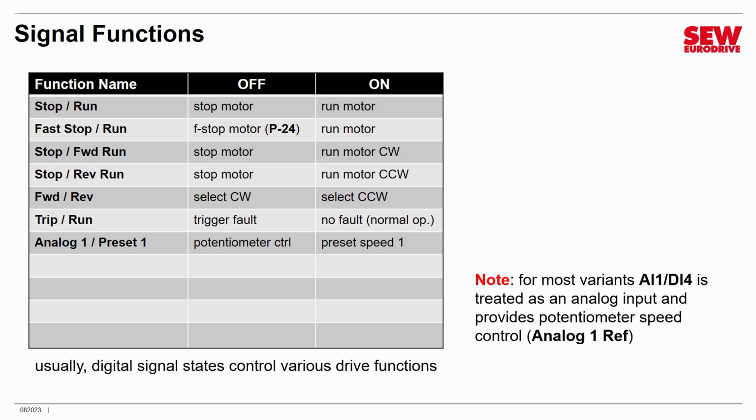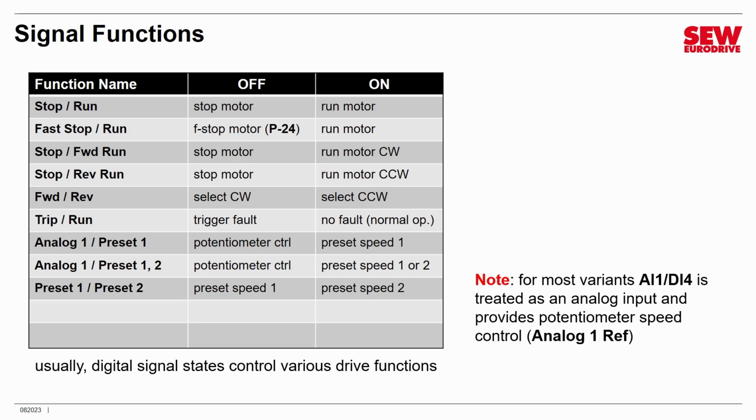Analog 1 preset 1 selects between either a speed control potentiometer if it's off or a fixed preset speed if it's on. Analog 1 preset 1 2 selects between a potentiometer speed control and one of 2 preset speeds.